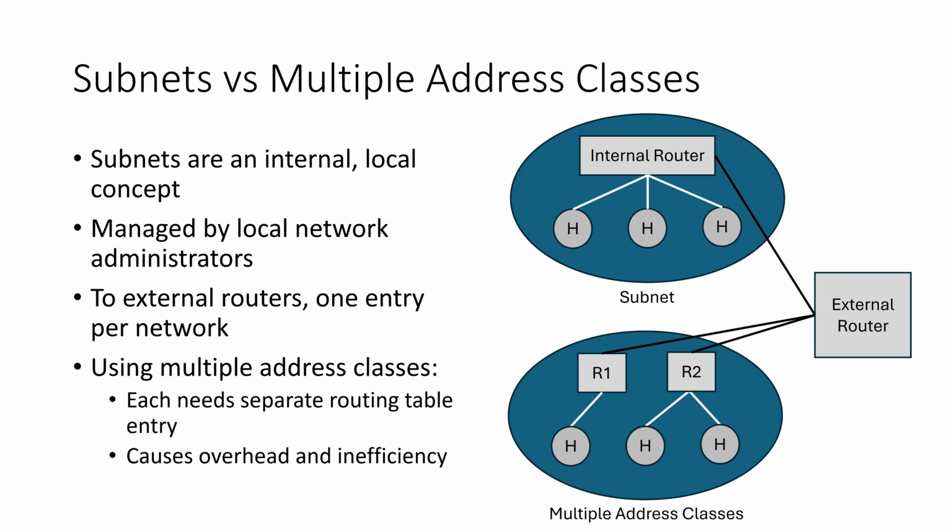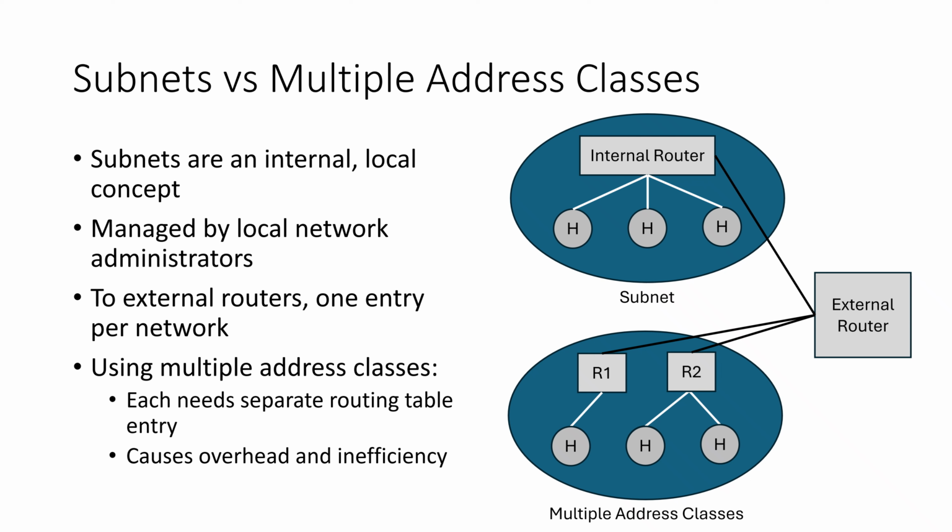Finally, why use subnets instead of multiple address classes? Subnets are essentially an internal concept. They let a network admin divide a single IP network into multiple smaller and logical segments without the outside world needing to know about it. When traffic moves through the internet, external routers only see one route for the entire parent network, not for each individual subnet.